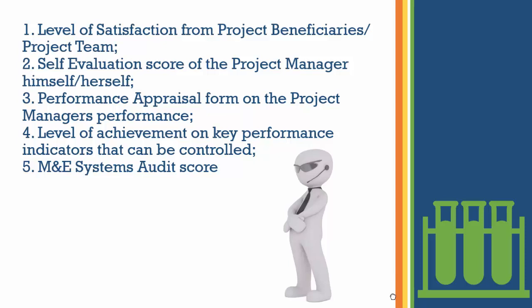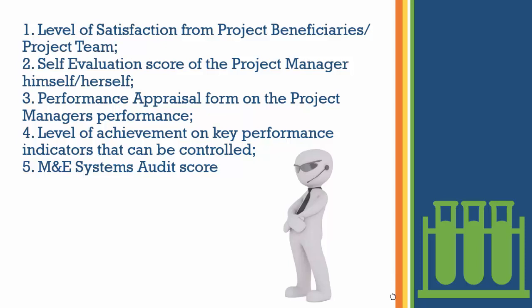Okay. If you're doing fairly, it could be 50 to 60%. But if you're doing poorly, it could be 30%. So these scores have ranges. So that's also a key performance indicator in itself, because you can set a target that I want to have a score at the end of the year of 90%. And that way people will understand, okay, this project manager indeed is hardworking and is reaching the targets.